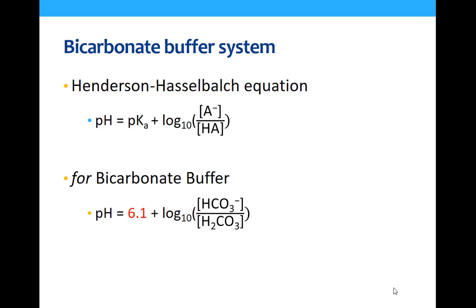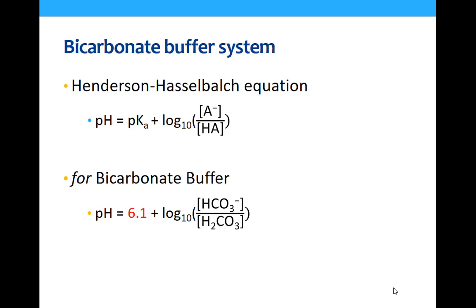Okay, so this is the acid and this is the conjugate base, right? HA is the acid, A minus is the conjugate base, and this is the H plus ion over here, pH. So this is the Henderson-Hasselbalch equation. If we want to apply this equation to the bicarbonate buffer now, we know through experimentation that the pK value for the bicarbonate buffer is 6.1.